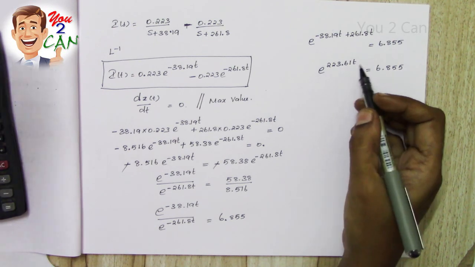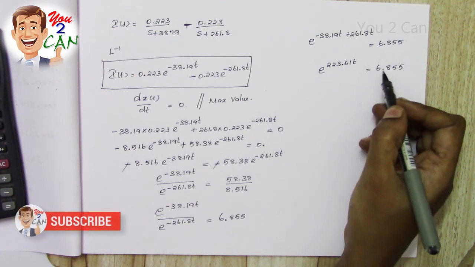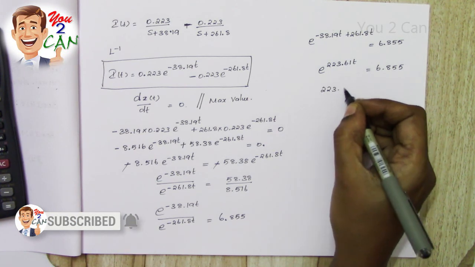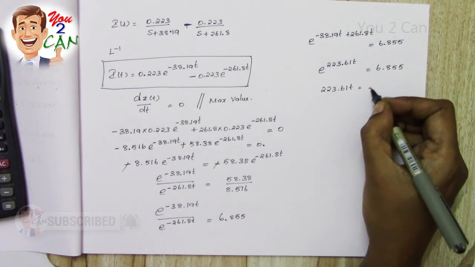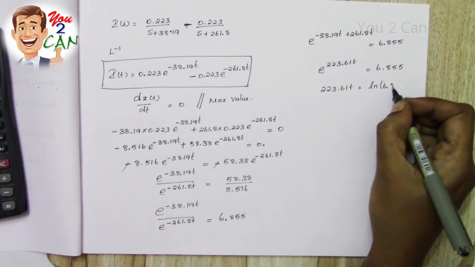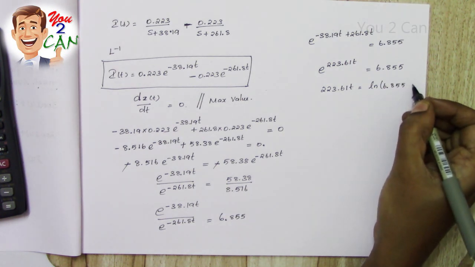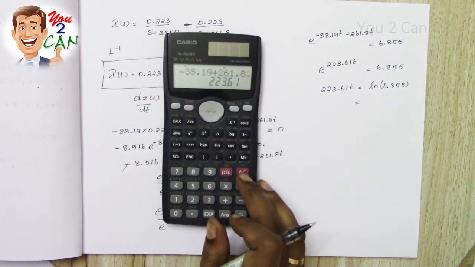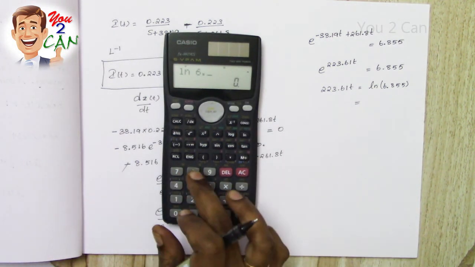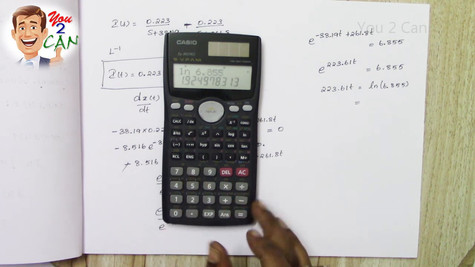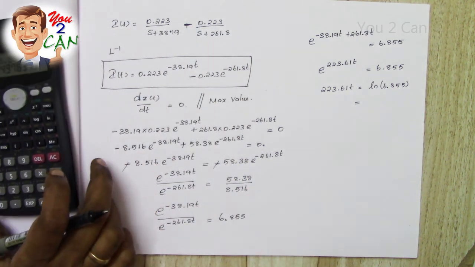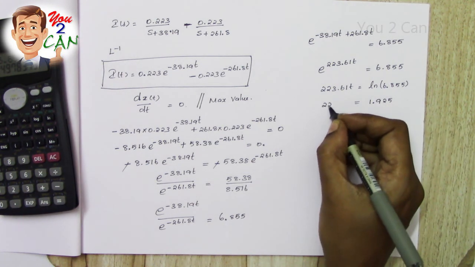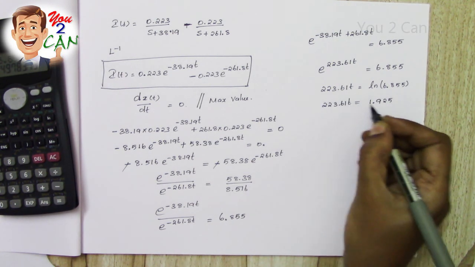So take log on both sides, so we'll get 223.61 t will be equal to ln of 6.855. Okay, now what is the answer for ln 6.855? ln 6.855 will be 1.925, that is 223.61 t will be 1.925.